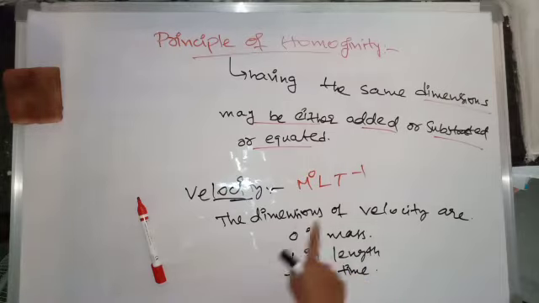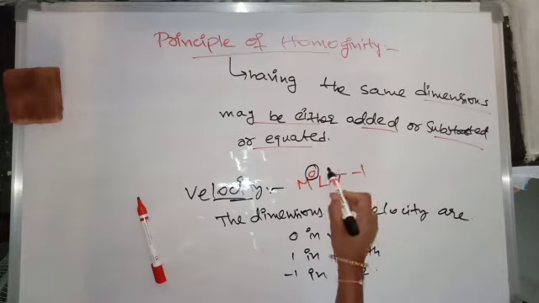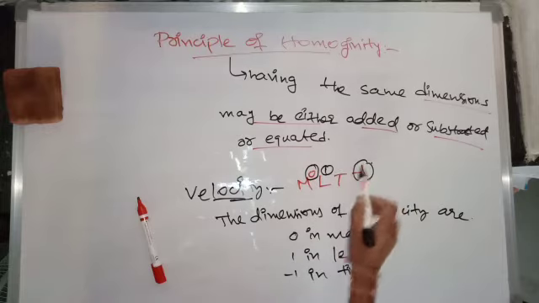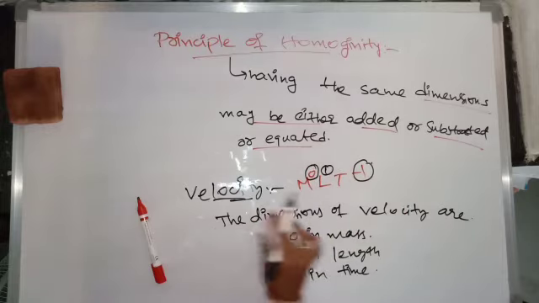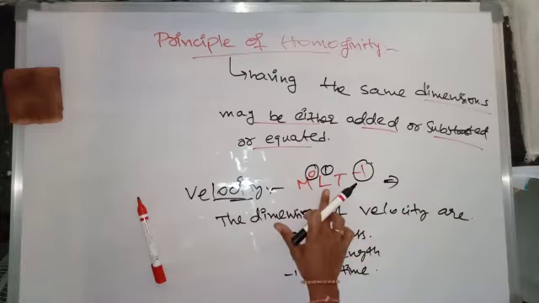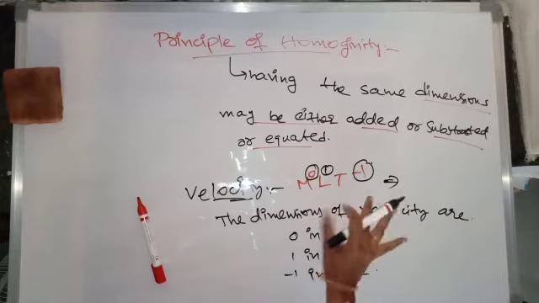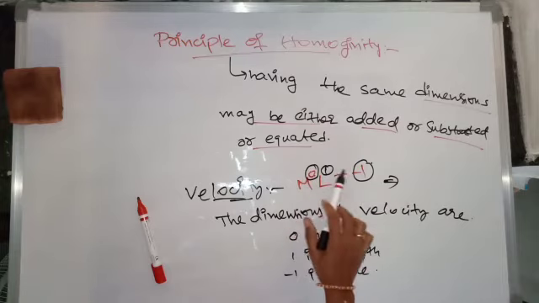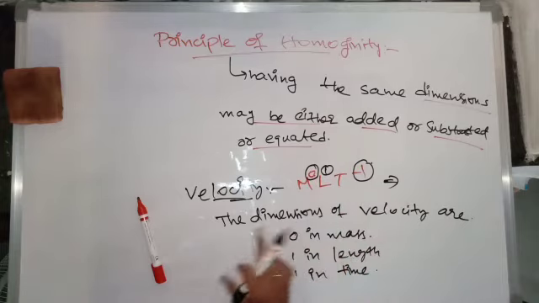So these are the dimensions. These are the dimensions for velocity, and M0 L power 1 T power minus 1 is the dimensional formula, and 0, 1, -1 are the dimensions for velocity.